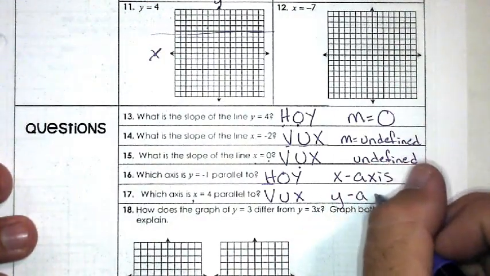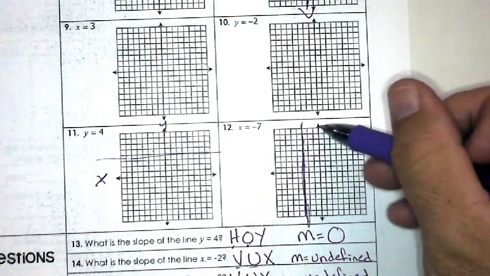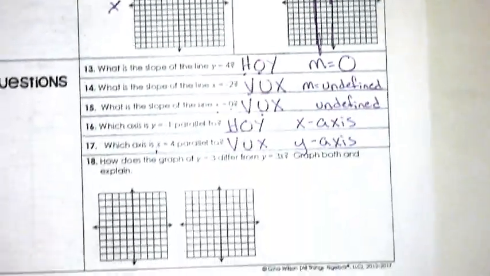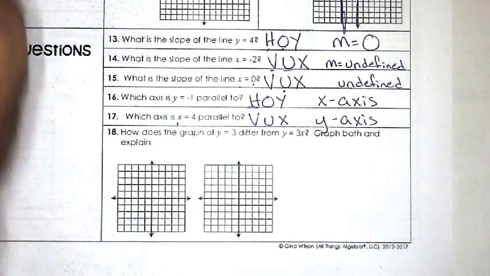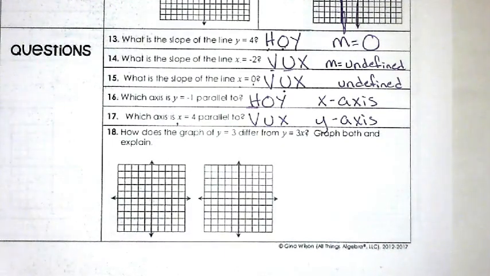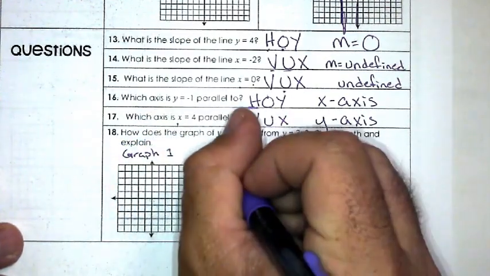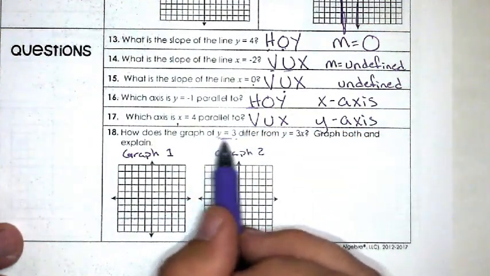How does the graph of y equals 3 differ from y equals 3x? So this is going to be my graph 1, and this will be graph 2. Okay, so I'm going to graph y equals 3 on graph 1. That is an oi, which means I will have a horizontal line at y equals 3.